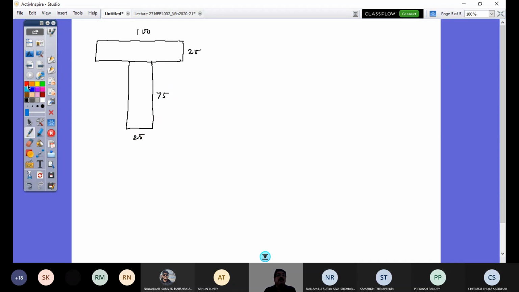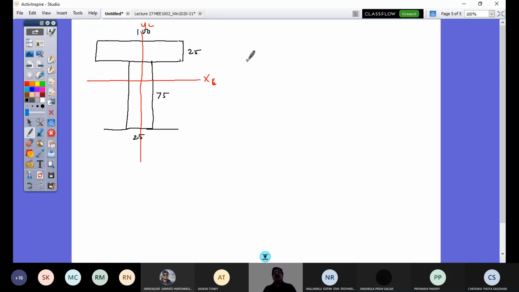This is given. So I have now one axis of symmetry, that is the YC axis, the vertical line, and the XC axis. This is XC, this is the YC axis, with respect to the base, right?